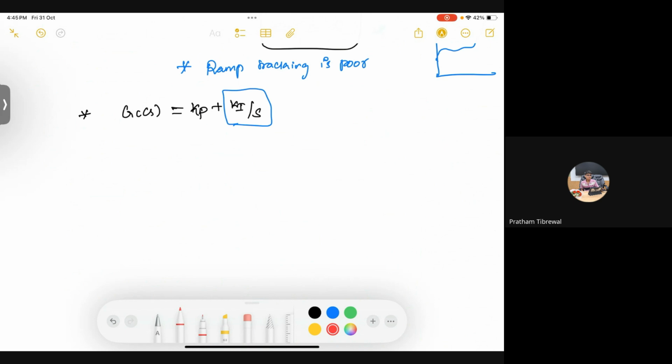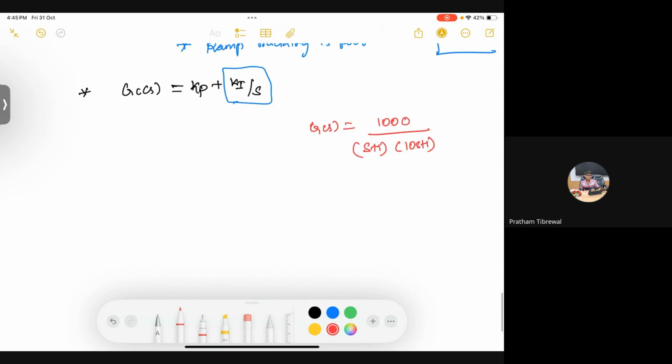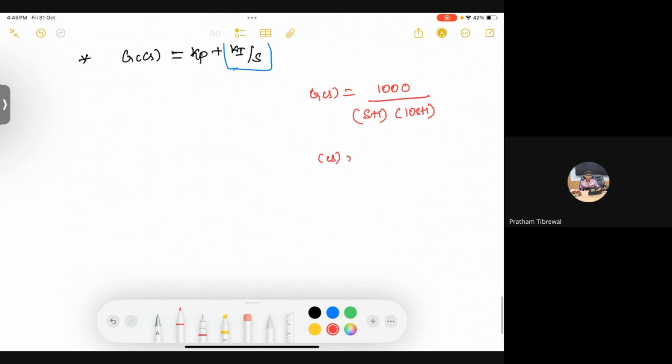When I consider an integral controller, this PI or proportional integral control introduces an integrator in the closed loop system. When you consider 1000 by (s plus 1)(10s plus 1) as your open loop, and write it in terms of a closed loop, it becomes G(s) by 1 plus G(s) into H(s), where H(s) is 1.